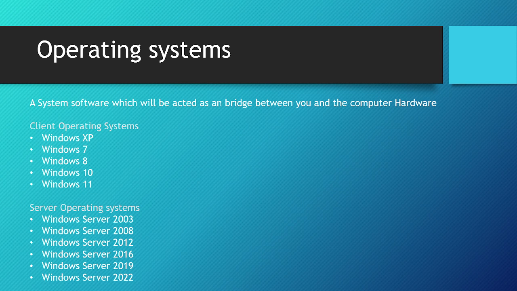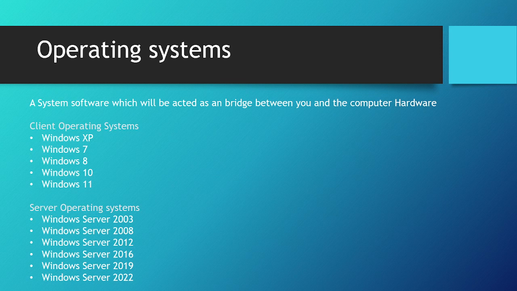Means the application is same, but the devices accessing it are different. So the common factor is the application, the difference is in the devices which you use to access the application, and the medium is internet only. That is what we call client and server architecture.